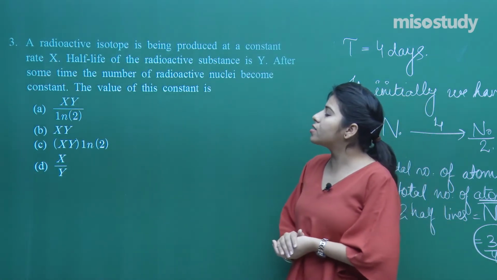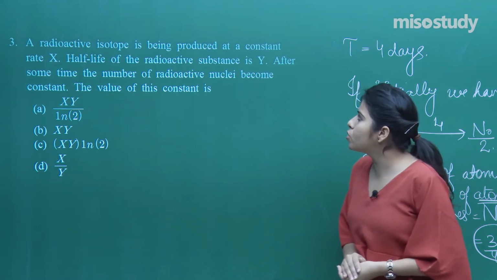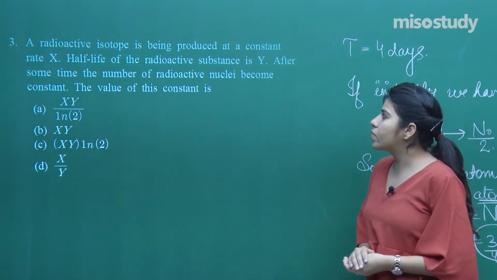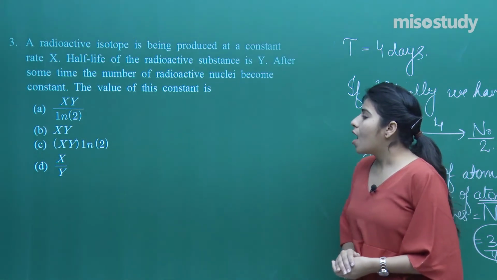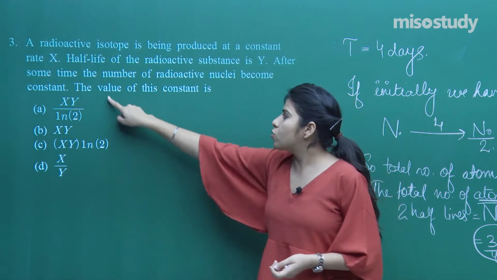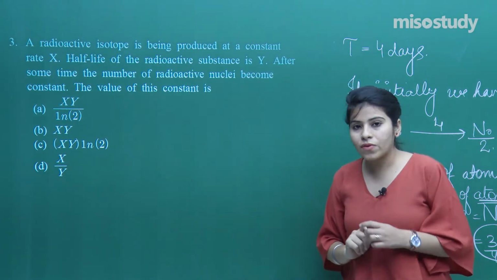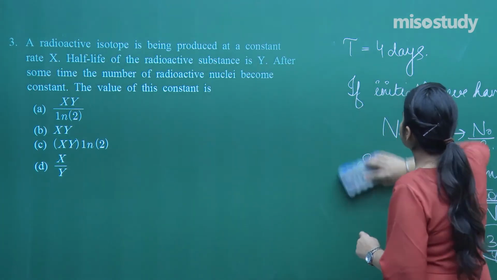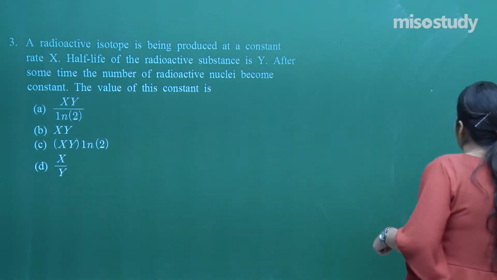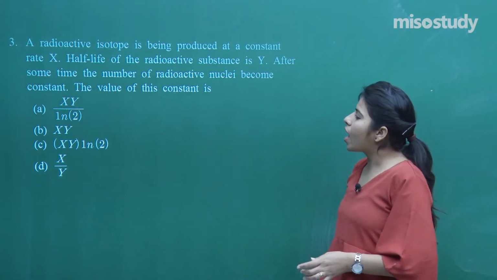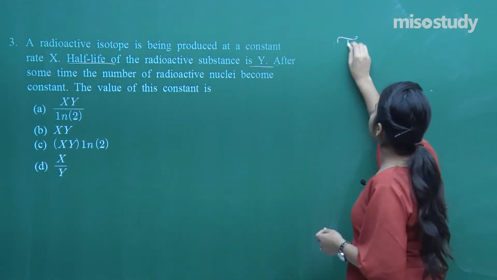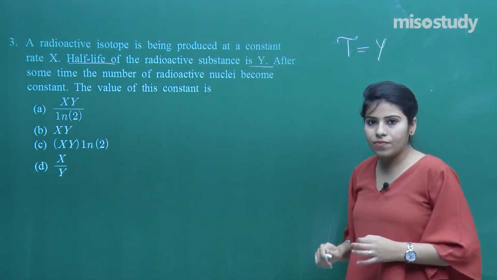We have been given that a radioactive isotope is being produced at a constant rate x. The half-life of the radioactive substance is y. After some time, the number of radioactive nuclei becomes constant. So what is the value of the constant? Now let me start by telling you this question. As you know, we have been given the half-life as y, so let me write T is nothing but y.